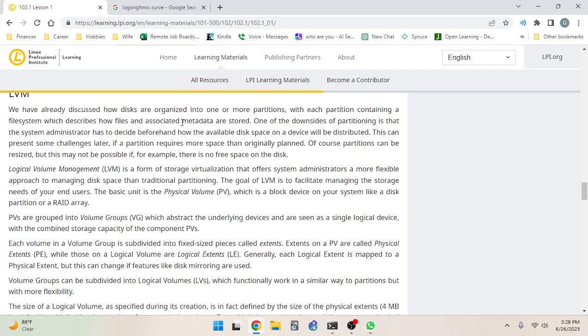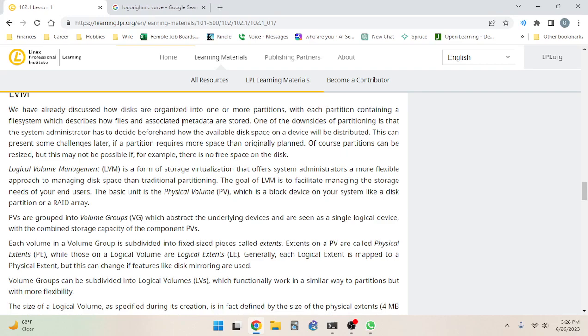Logical volume management, LVM, is a form of storage virtualization that offers system administrators a more flexible approach to managing disk space than traditional partitioning. The goal of LVM is to facilitate managing the storage needs of your end users.